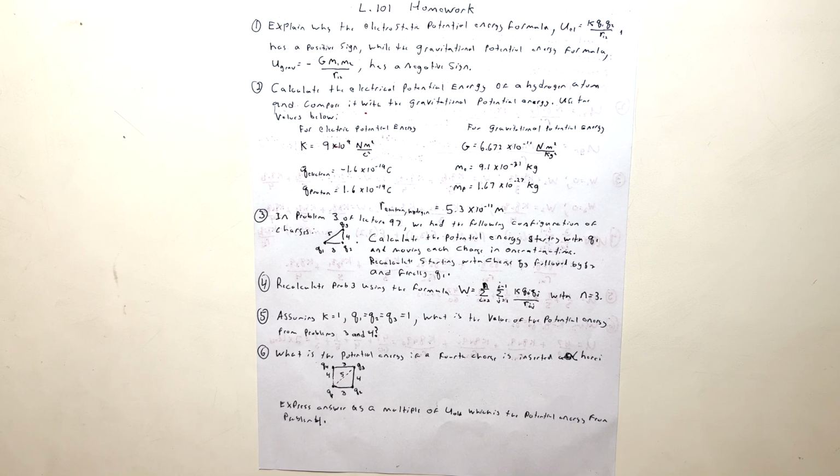Okay, number 3. In problem 3 of lecture 97, we had the following configuration of charges. This is the charges in the 3, 4, 5 triangle. Calculate the potential energy starting with Q1 and moving each charge in one at a time. Recalculate starting with charge Q3, followed by Q2, and finally Q1. Okay, so we're just going to calculate the potential energy for this, and I'll just remind you of the configuration that we had.